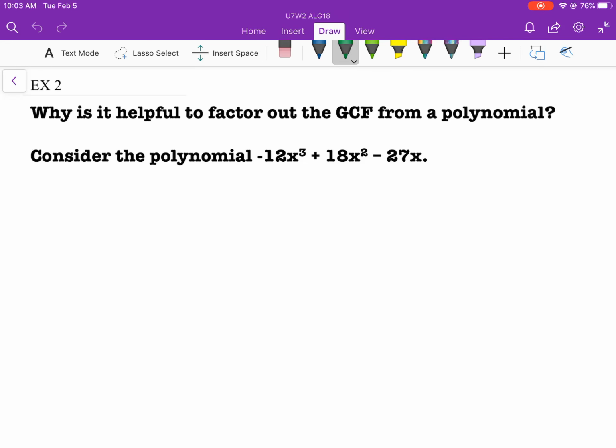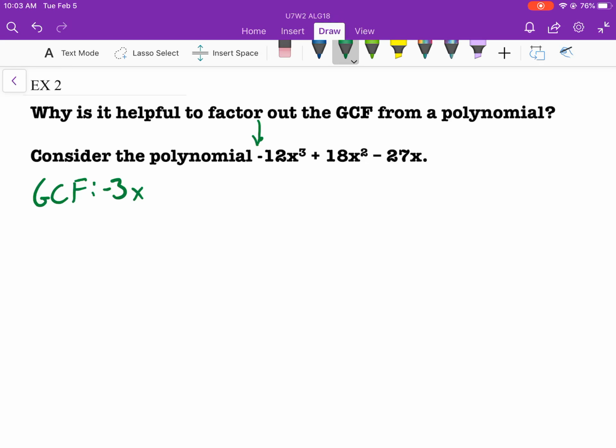Example 2. Why is it helpful to factor out the GCF from a polynomial? Consider the polynomial. Well, it's useful because we're going to be factoring polynomials, and the simpler that they can be when we start, the easier it's going to be to factor them. So look at this, GCF, all those numbers have a 3 in common, and that's as big as we can go. 3, make it negative, to change the first term to a positive, and x.